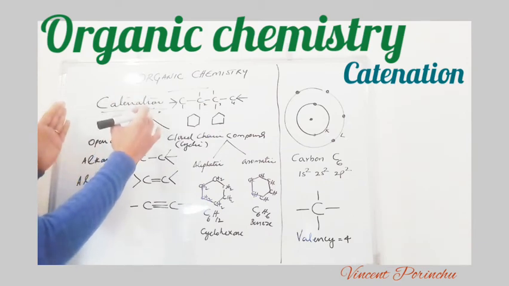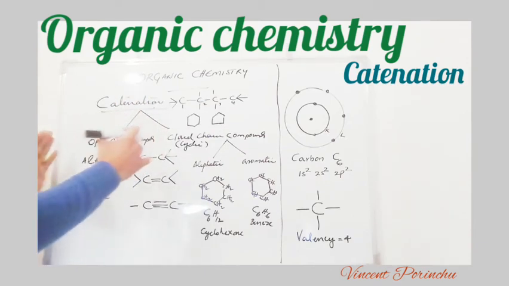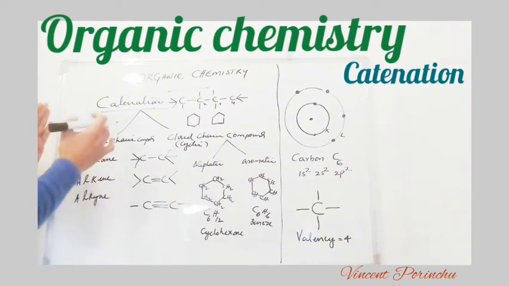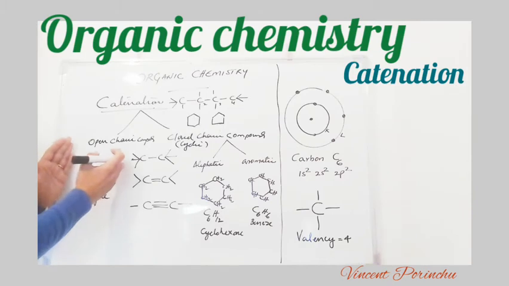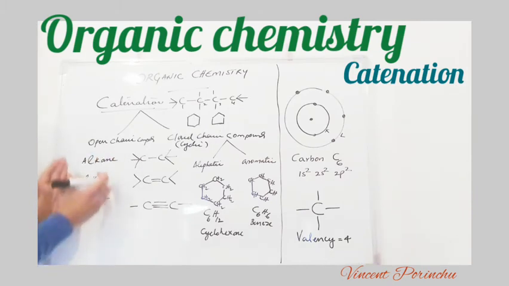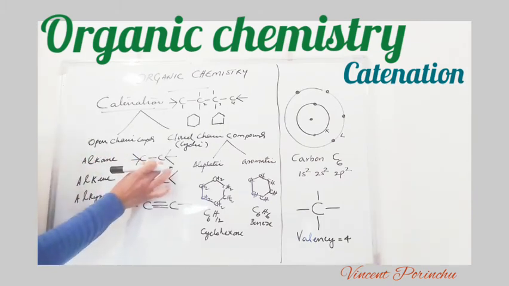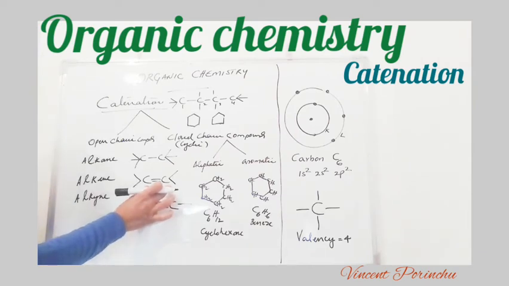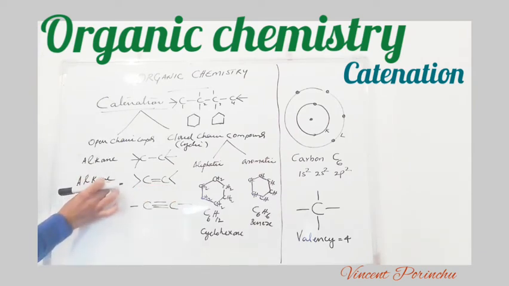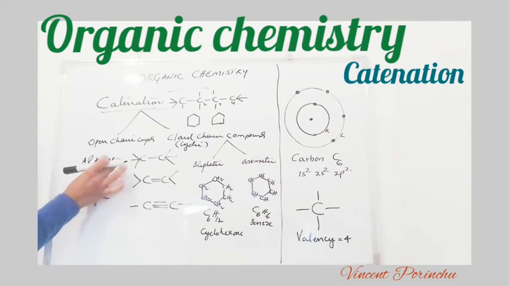So due to the catenation, carbon can form open chain compounds and closed chain compounds. In open chain compounds, the important hydrocarbons are alkanes, alkenes, alkynes. Alkanes means there are only carbon-carbon sigma bonds, or carbon-carbon single bond containing hydrocarbons, and if it contains carbon-carbon double bonds, it is called alkenes. In alkane, ANE is the suffix.